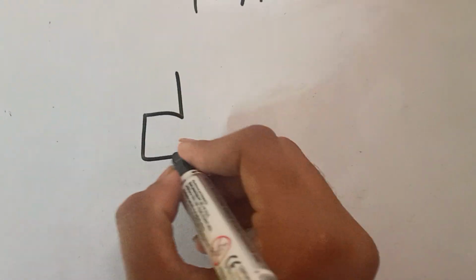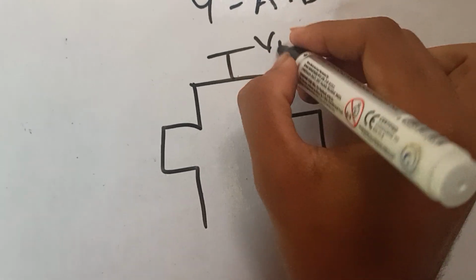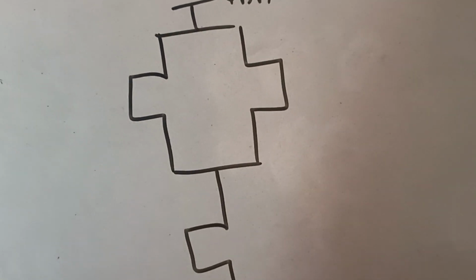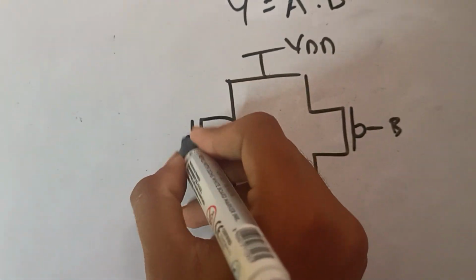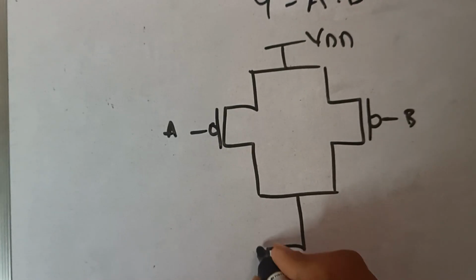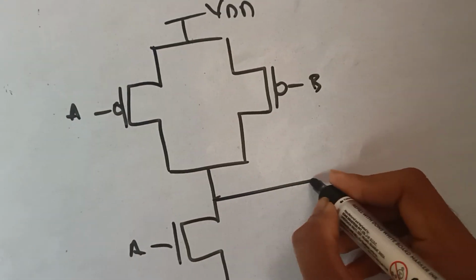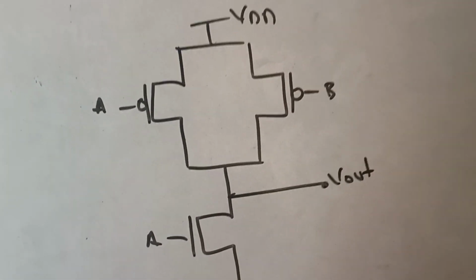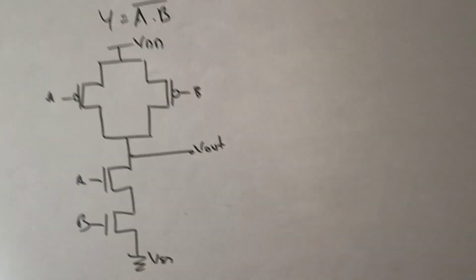Let's do the circuit. These are the PMOSs. Here comes Vout, and this is VSS. This is the general NAND gate we are going to design.